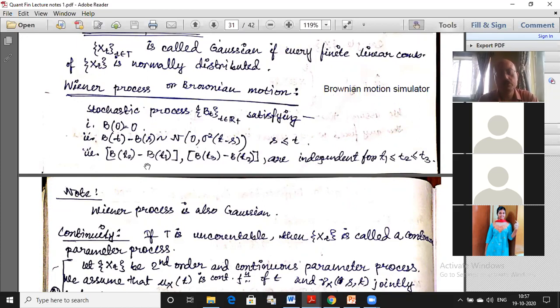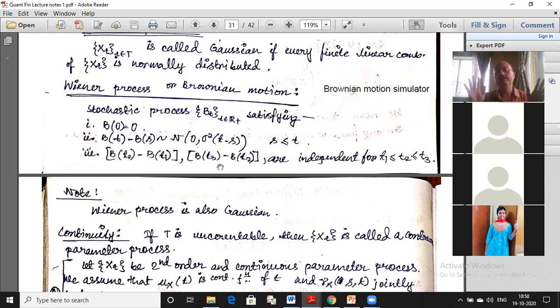And also, the differences over disjoint time intervals are independent. So if I'm looking at time points t1, t2, t3, then B_t2 minus B_t1 will be independent of B_t3 minus B_t2. So increments over disjoint intervals are independent.